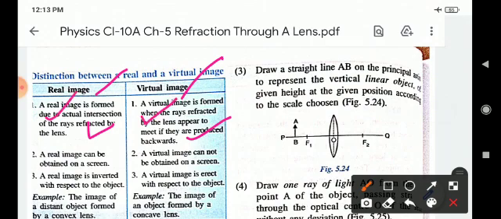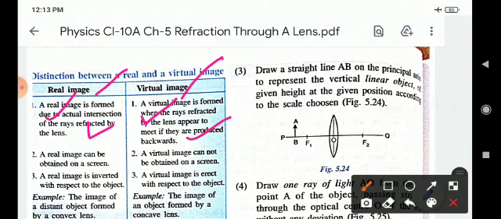A virtual image is obtained by the concave lens. A real image can be obtained on a screen. A virtual image cannot be obtained on a screen.